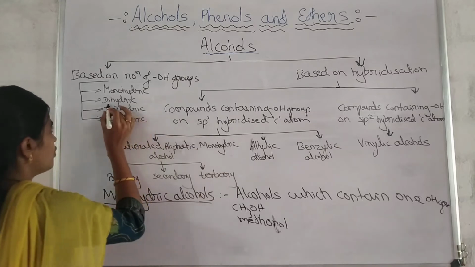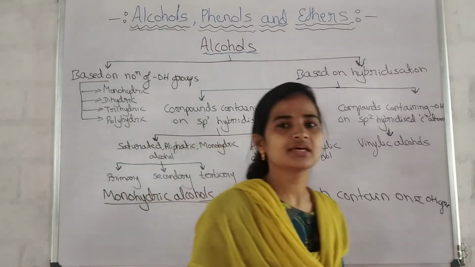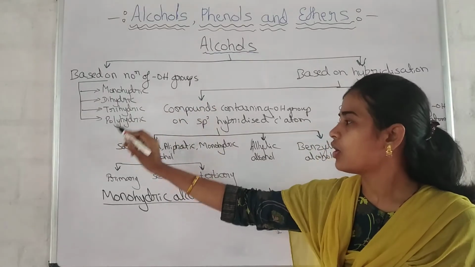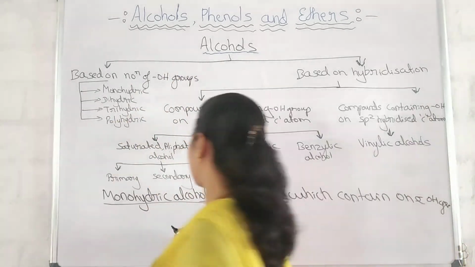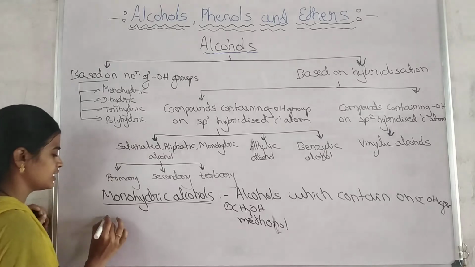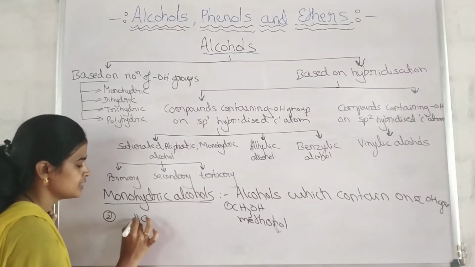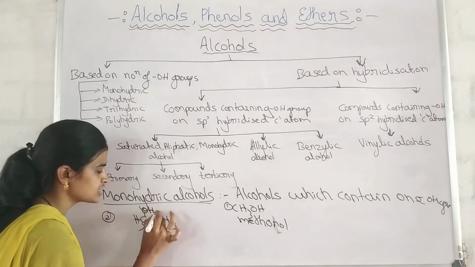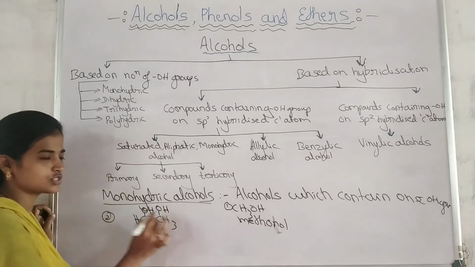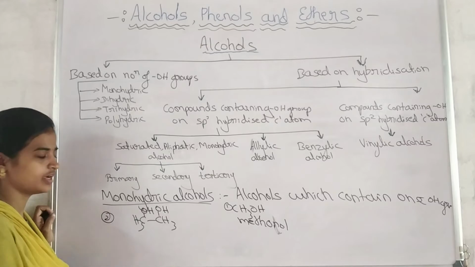Now, what are dihydric alcohols? Alcohols containing 2 OH groups are called dihydric alcohols. I am just writing the example for dihydric alcohols. CH2OH, CH2OH. I told you 2 OH groups cannot be attached to a single carbon atom; 2 OH groups are attached to different carbon atoms.